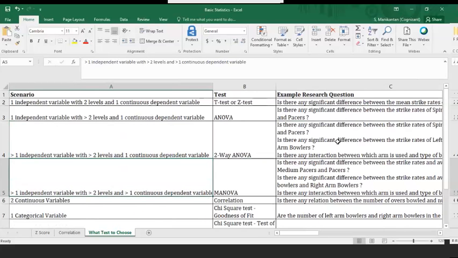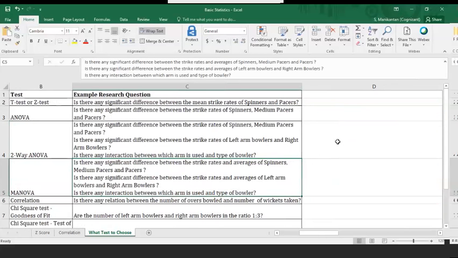So here what you go for is another extension or variation of ANOVA called multivariate analysis of variance, or MANOVA. Here you can see you have two continuous dependent variables, the average and strike rate. So my questions remain similar to the earlier one, only that we have two factors to consider here.